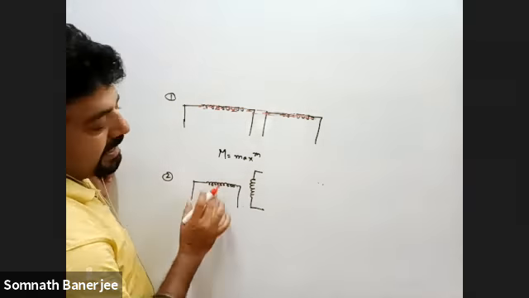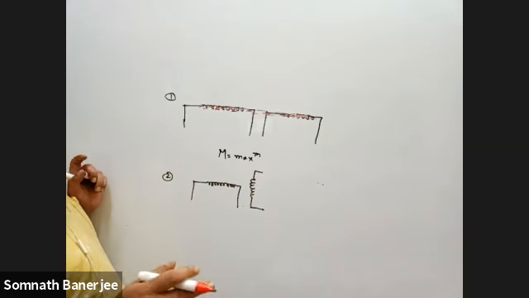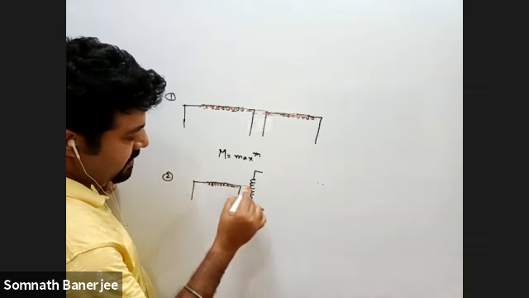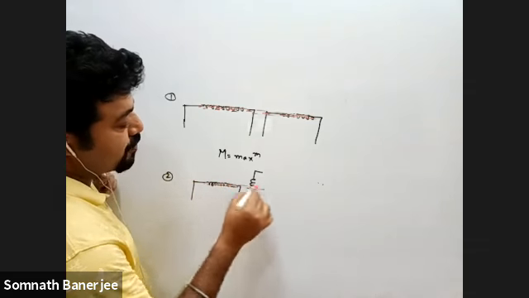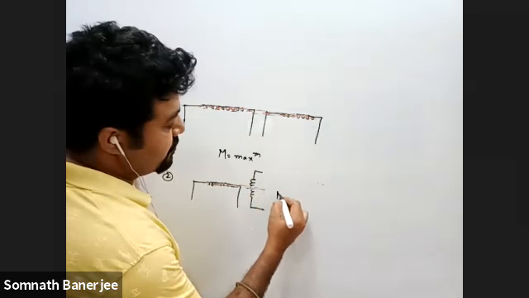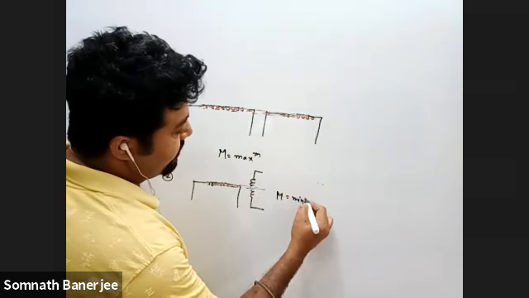In that case, everything is same: same coil, same number of turns, same cross sectional area, but the problem is that the common portion decreases. As the common portion decreases, mutual induction is also decreased. So mutual induction is minimum.